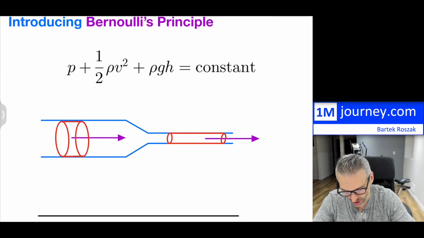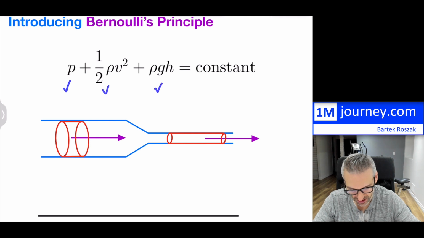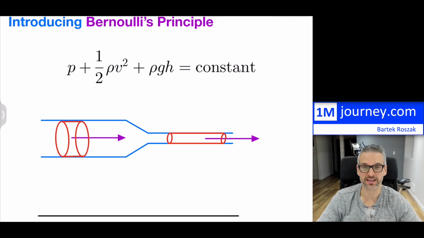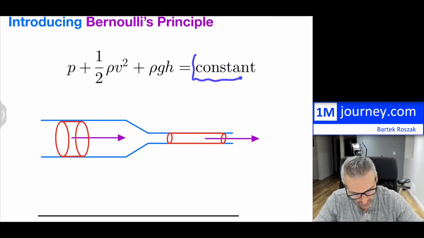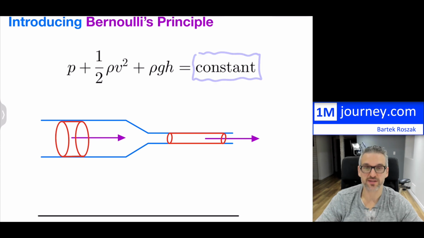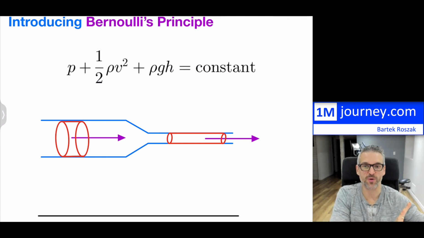If you add all these three terms together within a fluid at steady state, on the assumption that the fluid is incompressible, so the density stays the same, and finally that it's frictionless, then when we add up the terms, they are constant. So that is Bernoulli's equation.